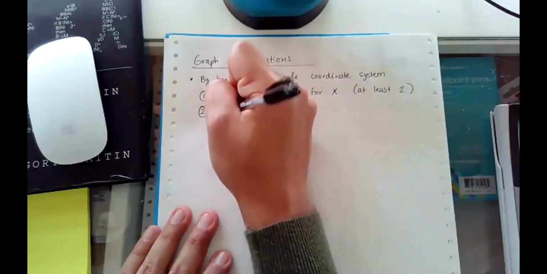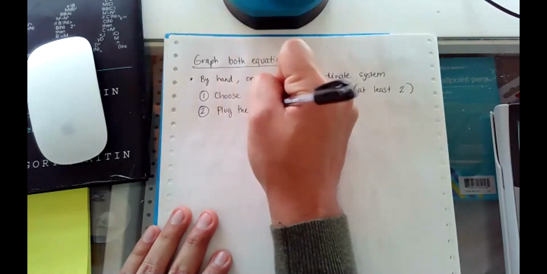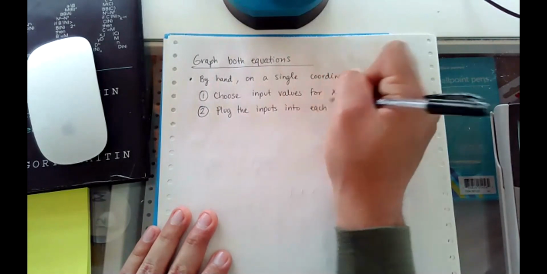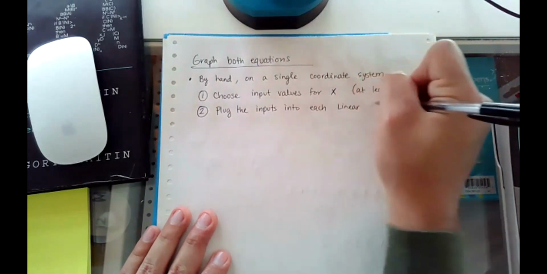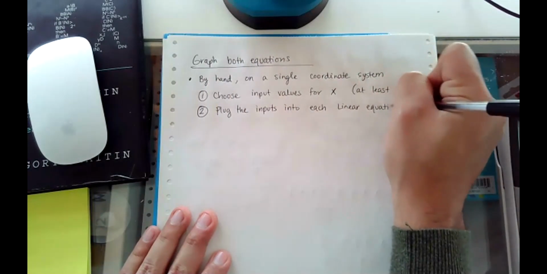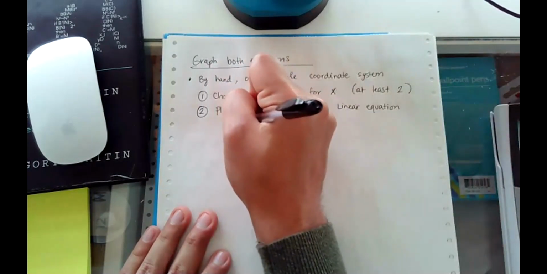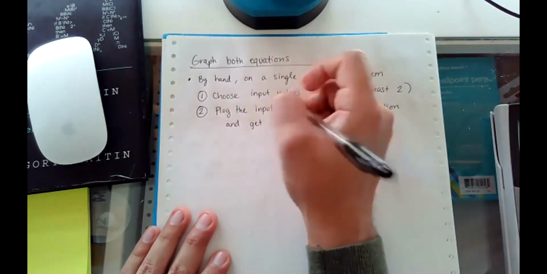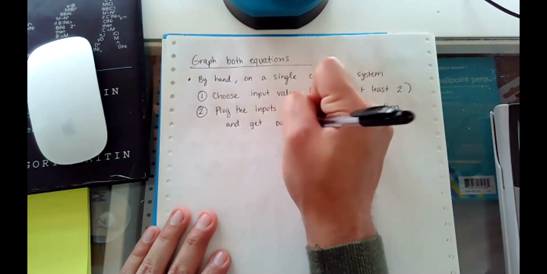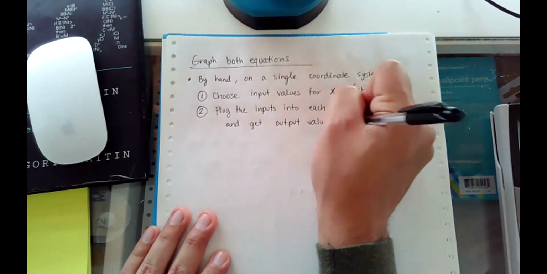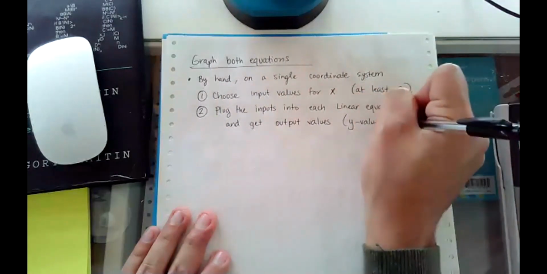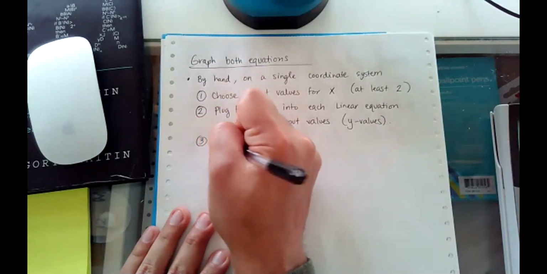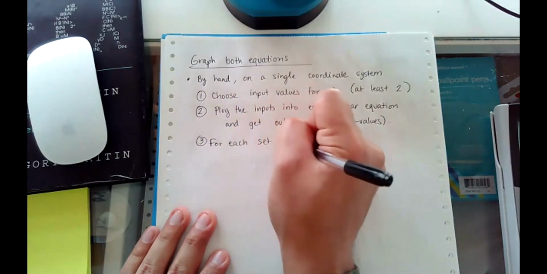But what you'll do is plug the inputs into each linear equation, so in both of them, and get the output values, so the y values, for each set of ordered pairs.